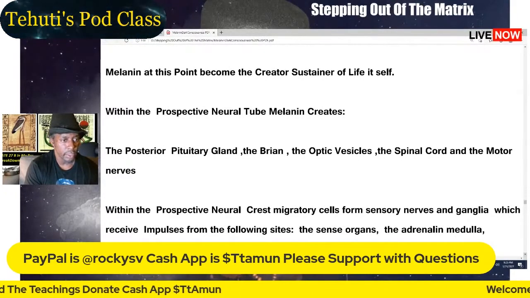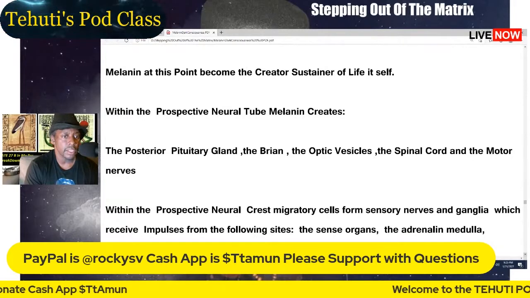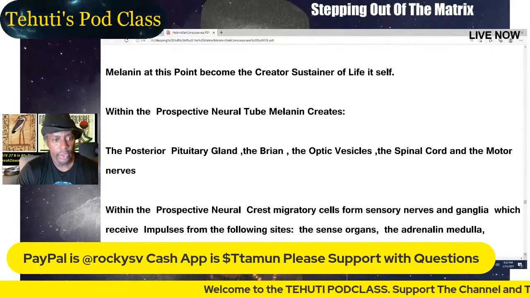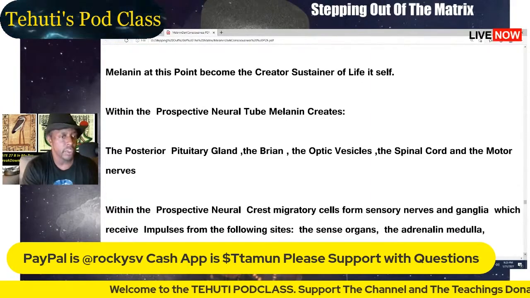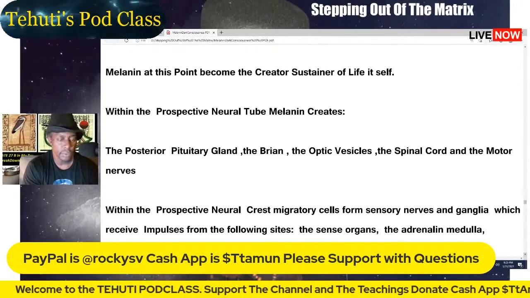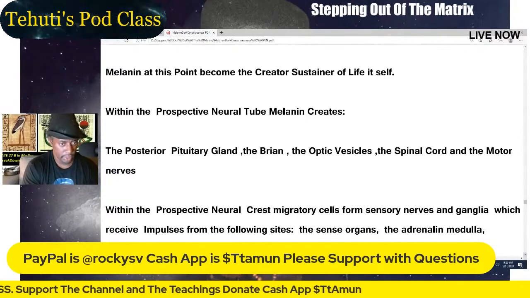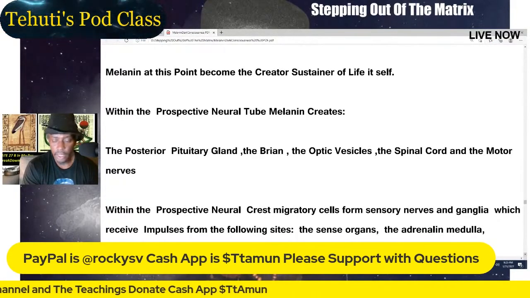Let's go through it. The posterior pituitary gland, one of the glands that a lot of our people are calling the third eye. There's conversations on whether the third eye is the pineal gland or pituitary gland. Some people say that it's both, but understand that this is what melanin is creating. The pituitary gland.